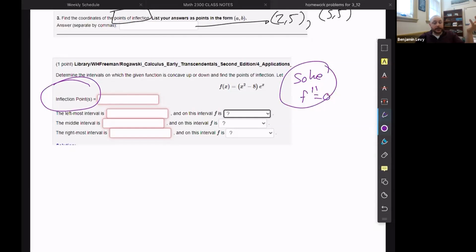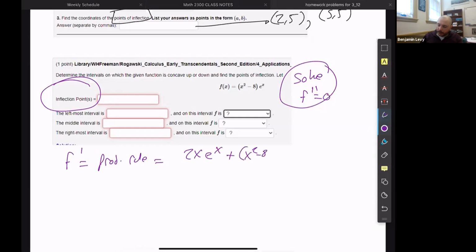And it's ugly because it's a product rule and it's going to be a double product rule. But this is the kind of thing we need to be able to do. So f prime is going to be a product rule, which is f prime g plus f g prime, right?